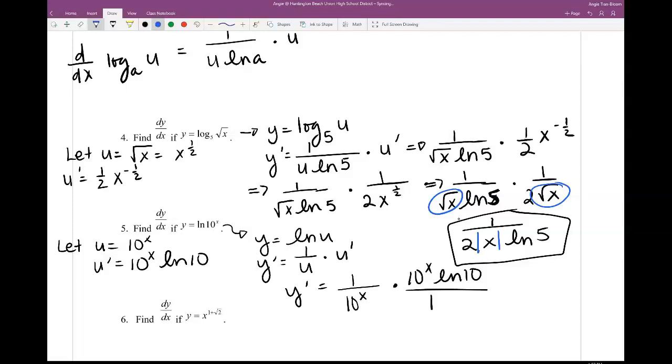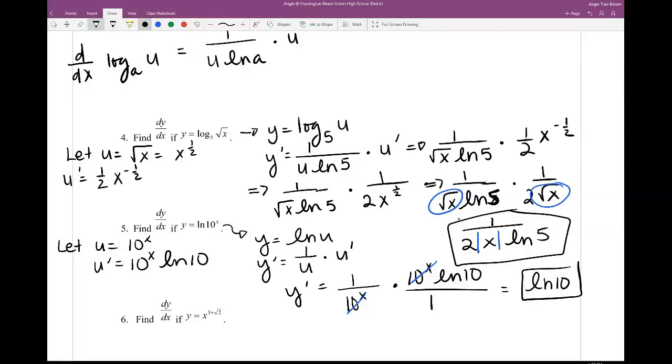Because what's happening is I can cancel out my 10 to the x. So when that is canceled, I will just have simply natural log of 10. So that is the derivative of y. I'm sorry, the derivative of y prime would be the second derivative, which is incorrect. So that is just y prime.